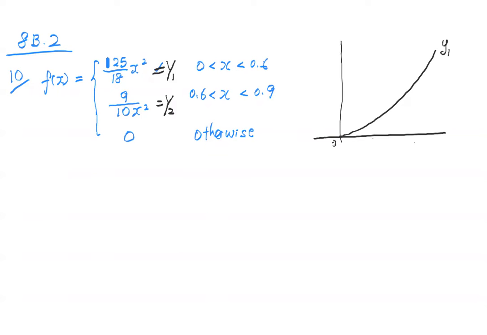Am I right? And your Y2 will go like that. Okay? So now, how am I going to present this? I cannot sketch this graph. If I sketch this graph, it is wrong. Okay, so what I need to do is, I need to find the coordinates of this intersection point.